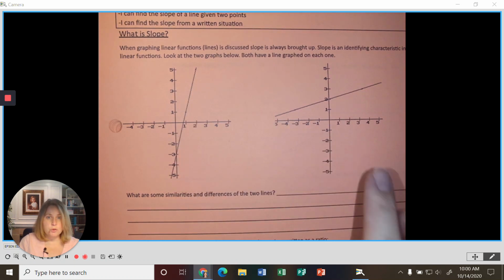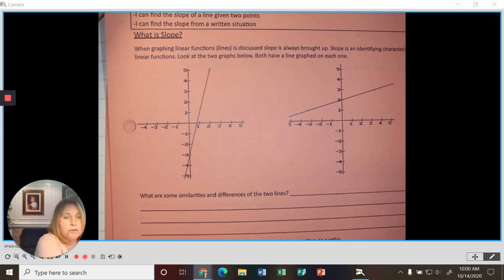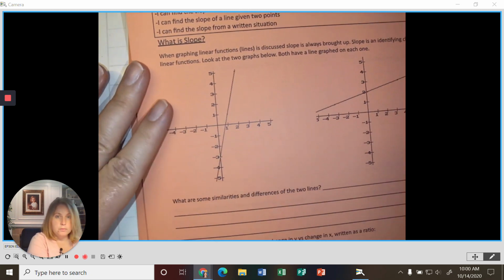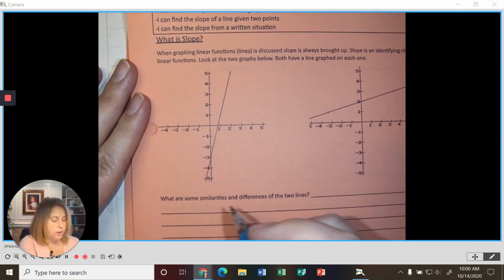So first of all, if you look at both of those lines, as you read them from left to right, the same way that you would read a sentence, the lines are increasing. Okay, so let's go ahead and write that down. As we read the lines from left to right, both lines are increasing.